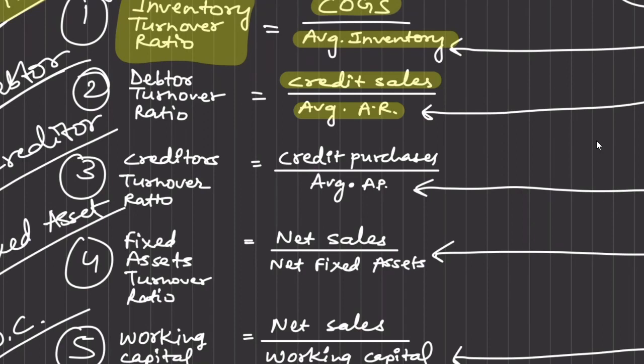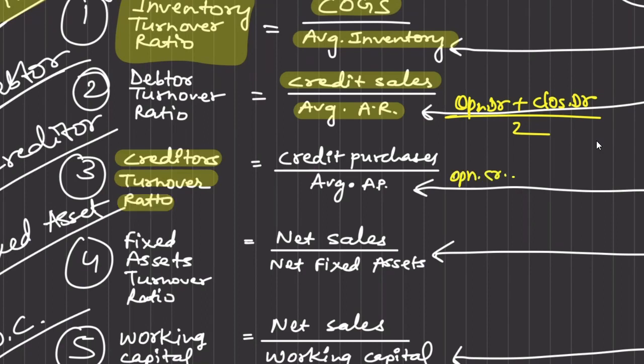Average debtors means opening debtors plus closing debtors divided by 2. Now let us see the creditors turnover ratio. This is nothing but opening creditors plus closing creditors divided by 2. Okay. Then we have the fixed assets turnover ratio.